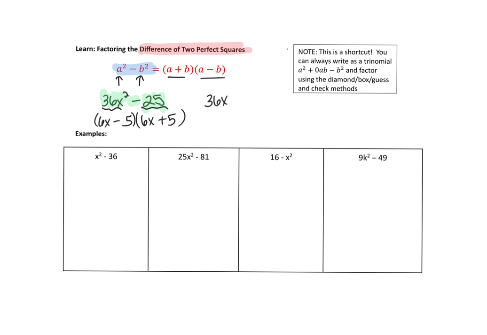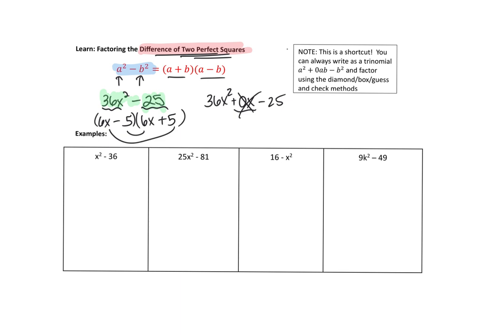So if I'm looking at 36x squared and minus 25, it's kind of like I have a plus 0x here in the middle. Those need to cancel out. So if you look at that, the negative 30x and the positive 30x are going to cancel out and leave you with 0x. So this, again, is called the difference of two perfect squares, and you can definitely use this method if you notice it.